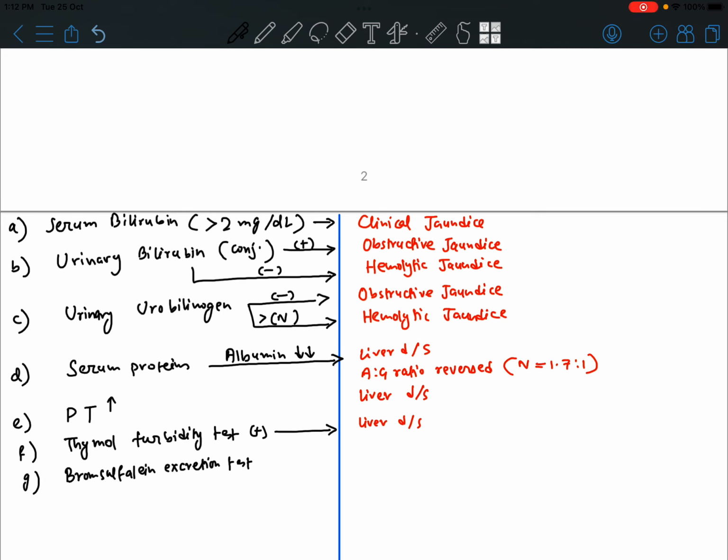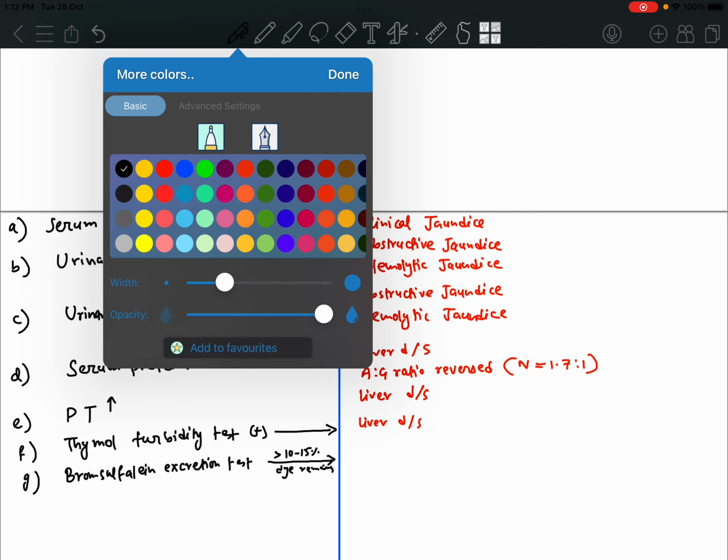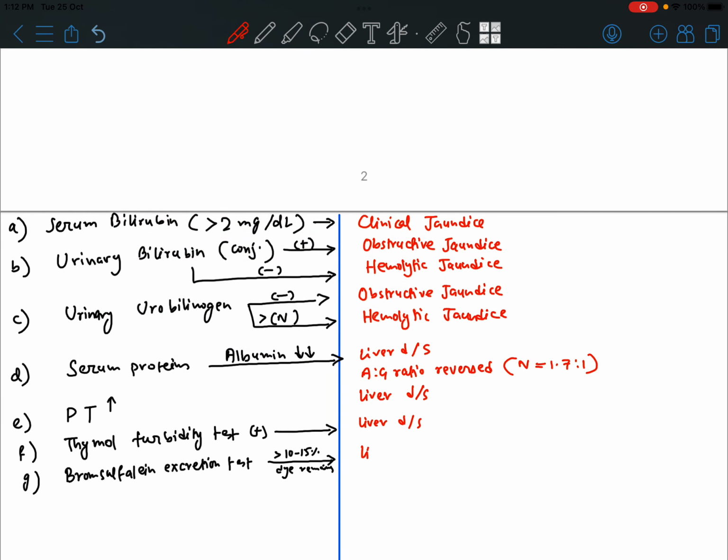A normal liver usually excretes 95% of the dye in 45 minutes. If more than 10 to 15% of the dye remains in the body even after 45 minutes, liver function is abnormal. Okay, so if still 10 to 15% of dye remains in the body, we can say it's suggestive of a liver disease.